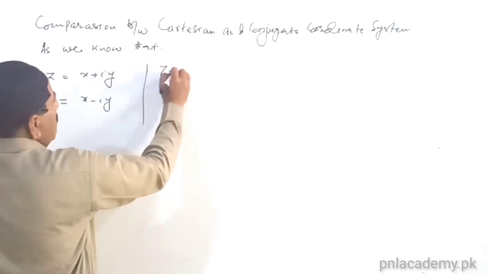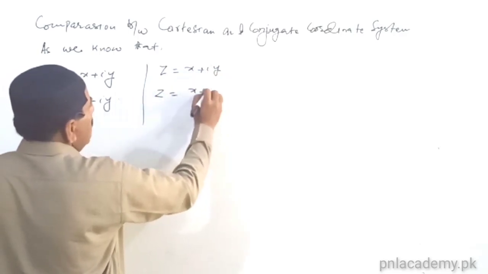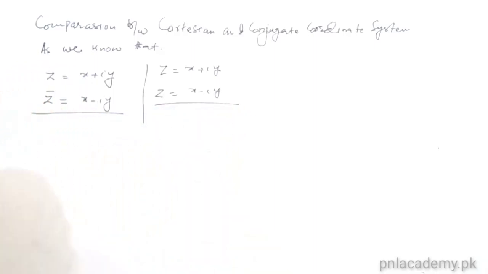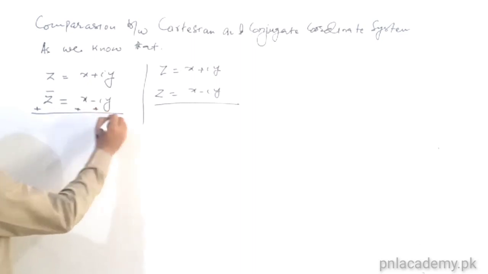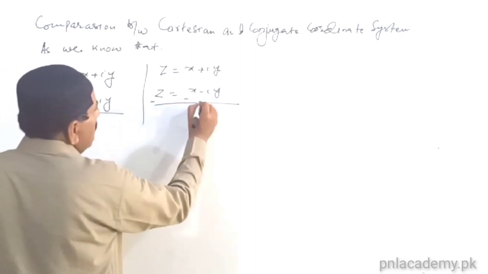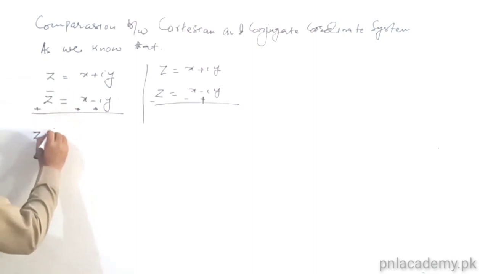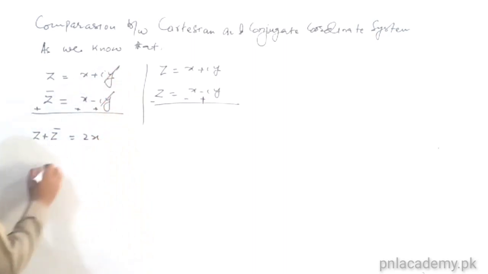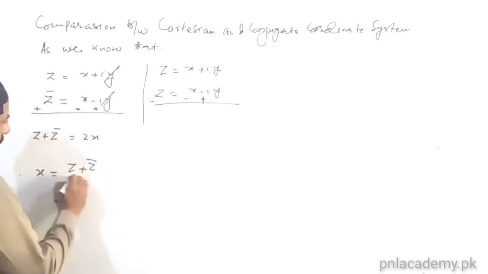So here also z is equal to x plus iota y, z bar is equal to x minus iota y. Here by addition, here by subtraction. By addition plus, by subtraction minus, this will be changed into plus when we go through the negative sign. So this will be z plus z bar is equal to iota y cancel, 2x. It implies that x is equal to z plus z bar upon 2.